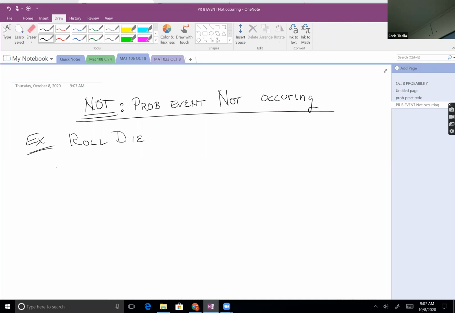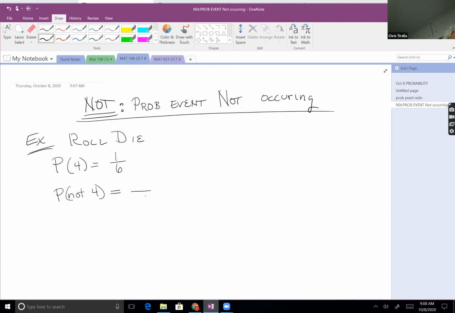What's the probability that I roll a 4? 1 out of 6. Beautiful. Are we all in agreement? 6 numbers on a die. One of them is a 4. So then what's the probability that I don't get a 4?